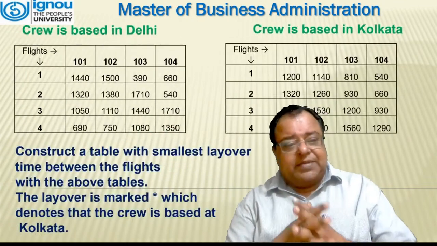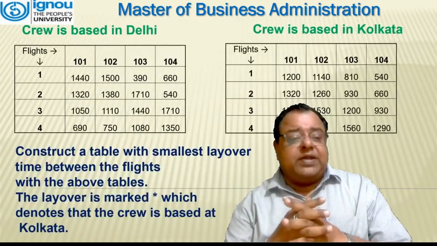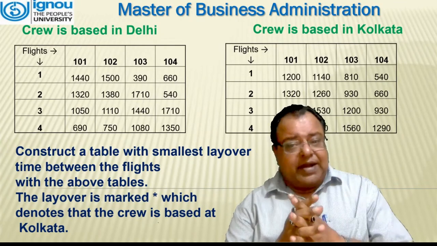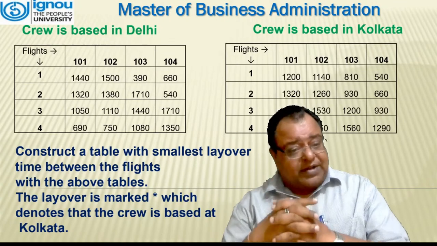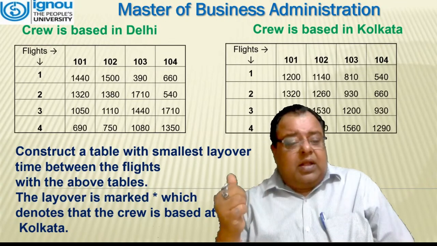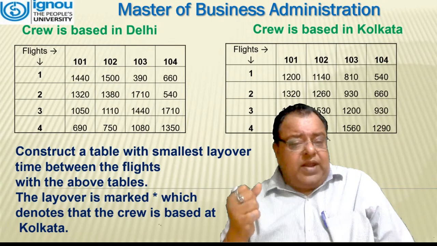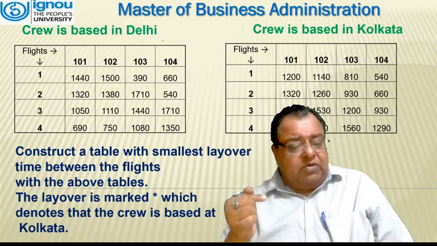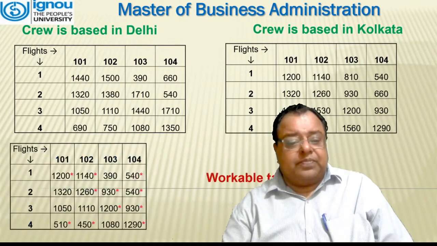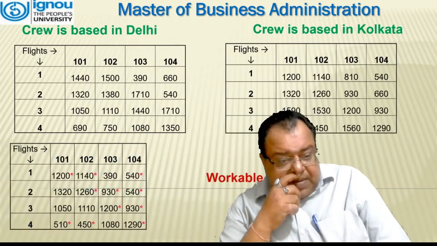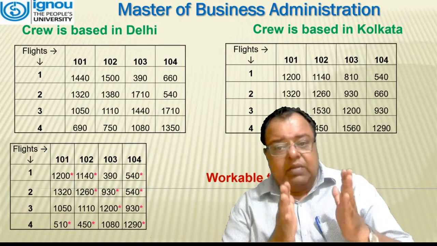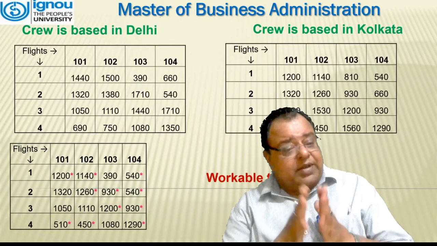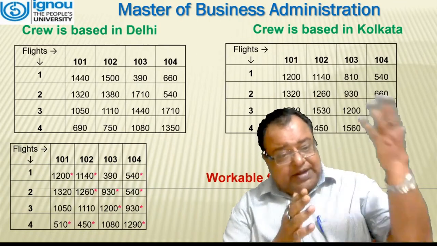Now we can see that when the crew is based in Delhi, this is the matrix, and when the crew is based in Kolkata, this is the matrix. Now, the layover is marked with star, which denotes that crew is based at Kolkata. Because we have to take the minimum layover time, as it was mentioned in the problem.